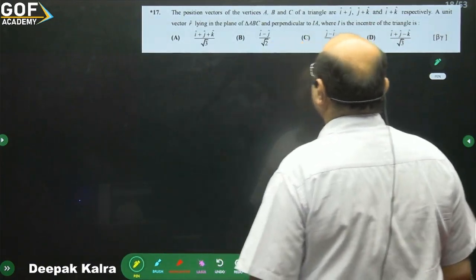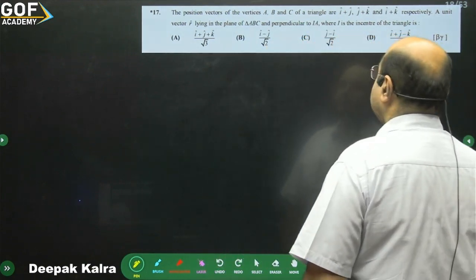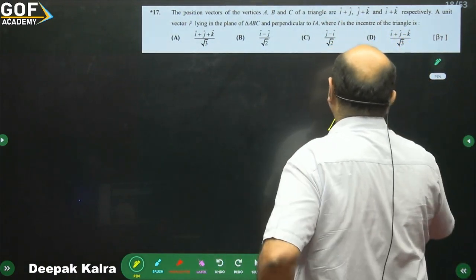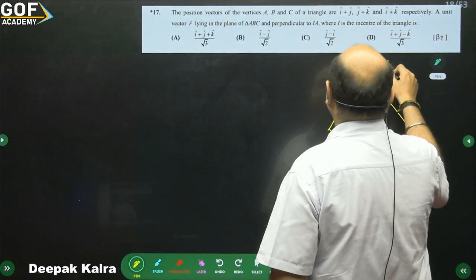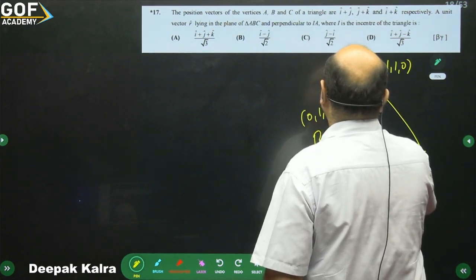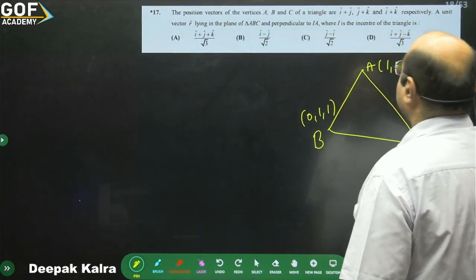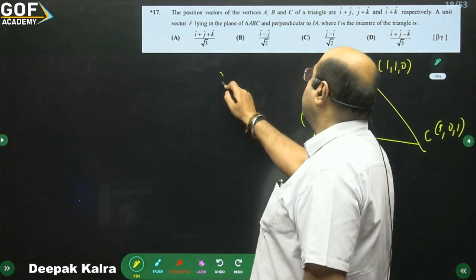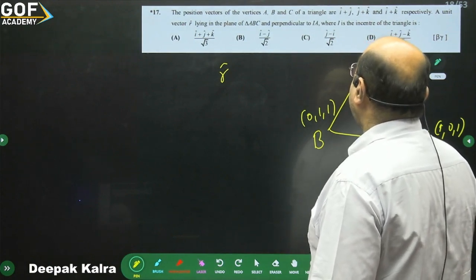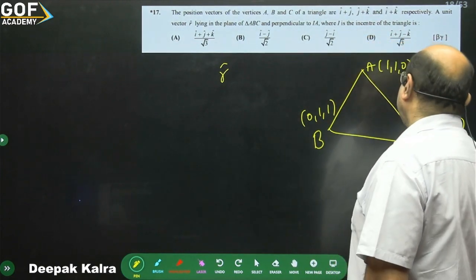Okay. Position vectors of A, B, C of a triangle are these. Find the unit vectors lying in the plane of ABC and perpendicular to IA, where I is the incenter of the triangle.